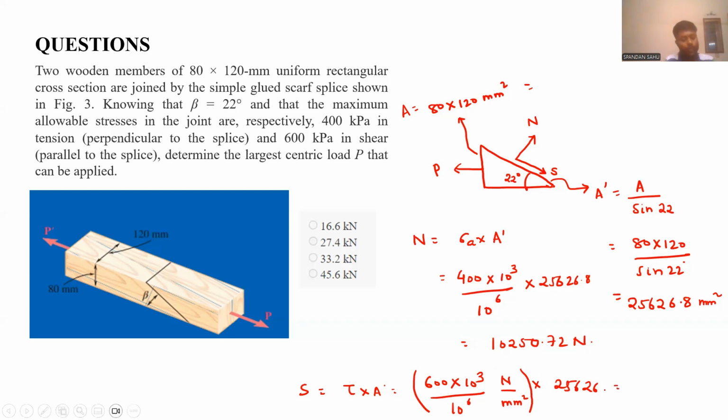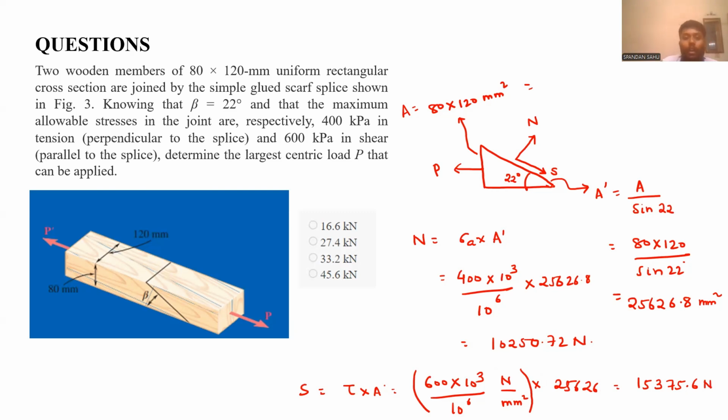So how much are we getting? 600 into 10 power 3 upon 10 power 6 into 25626. So we are getting 15,375.6 Newton. Till this point, everything is clear.